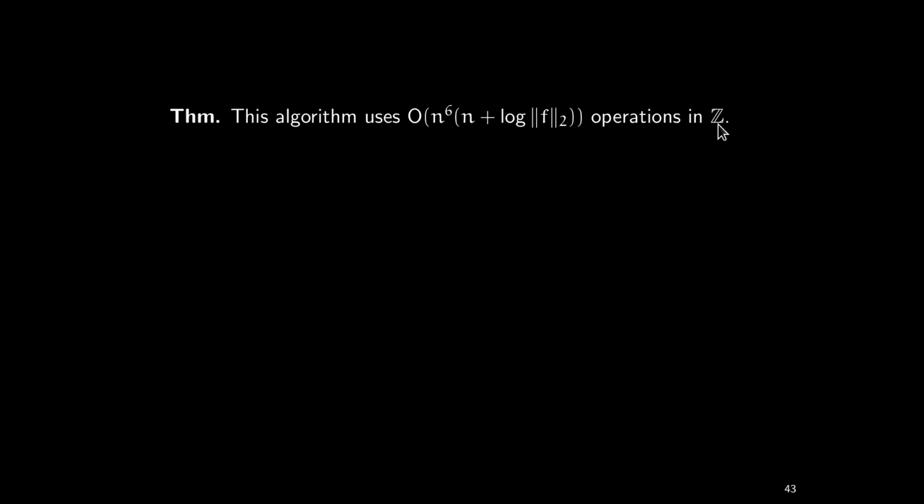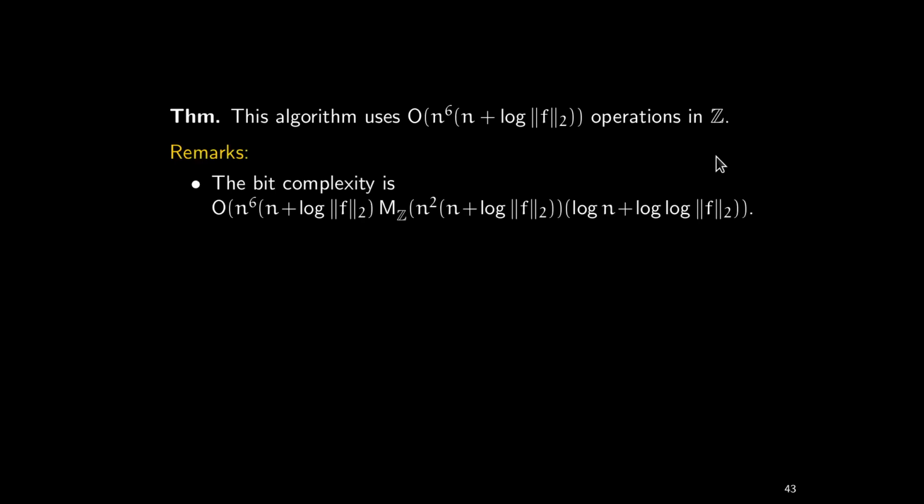But again, this is just operations in integers, so it's not a meaningful result. If you talk about integers, you have to look at the bit complexity. It can also be worked out. It's a complicated expression. The details are not so important. The important thing is that it's really polynomial time.